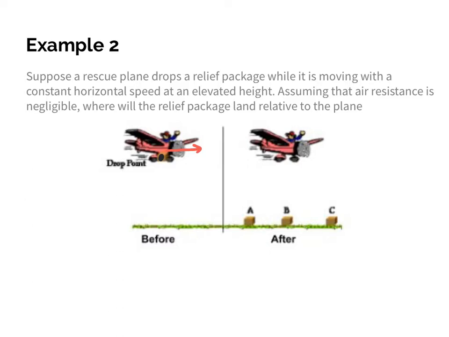Another thing to keep in mind within this problem is that it states in here that air resistance is going to be negligible. So if there was air resistance, that's going to cause this to be slightly different. So throughout the next couple sections, when we talk about projectile motion, to make our life easier, we are going to simply ignore air resistance.